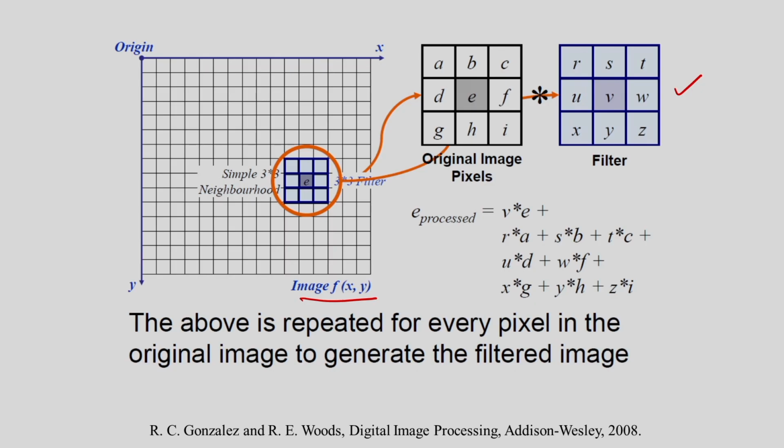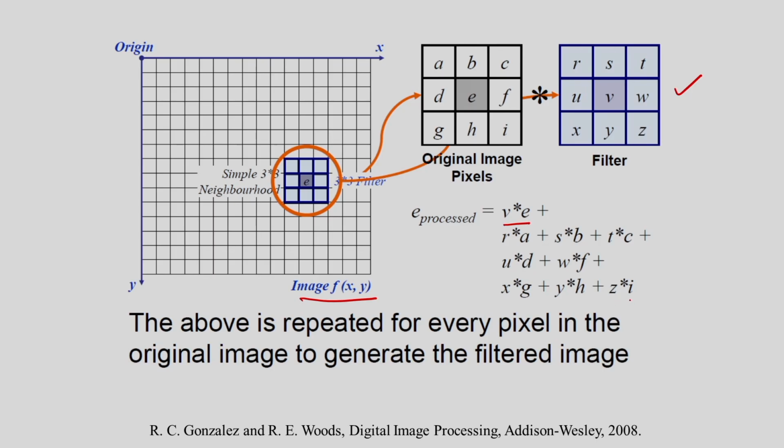And already I have explained how to do the masking. I have to put the mask over the image, and I have to determine the response of the mask, and that is nothing but V is multiplied with E plus R is multiplied, this is the multiplication.